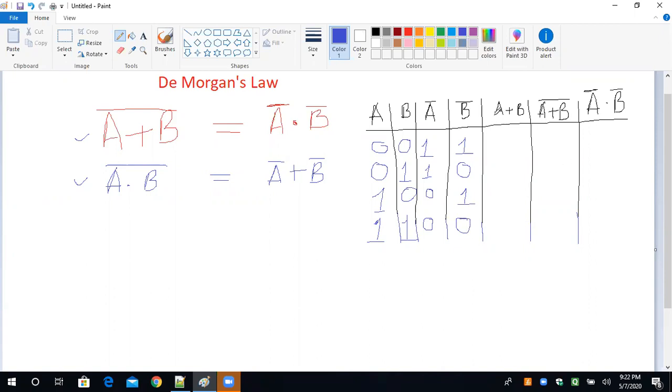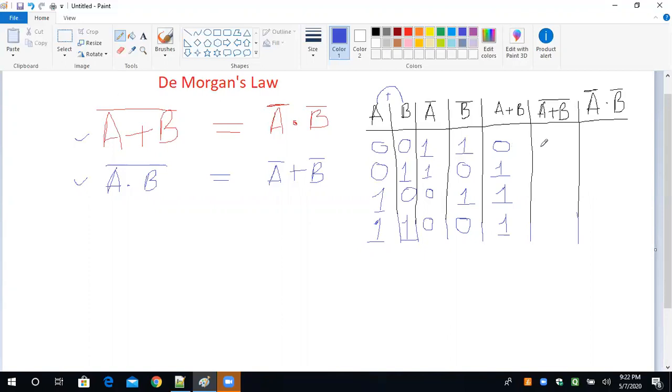Now here we are doing A plus B, meaning these two columns we have to add. So 0 plus 0, 0. 0 plus 1, and 1 plus 0, and 1 plus 1. Understand? Now here A plus B whole complement.